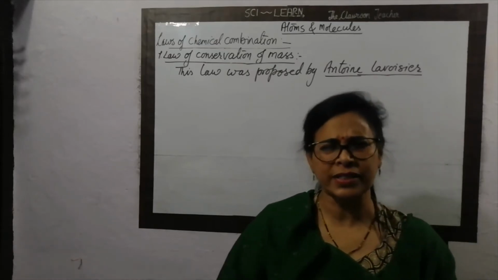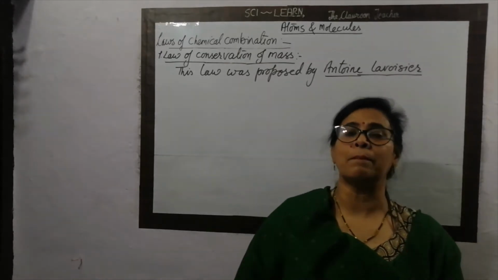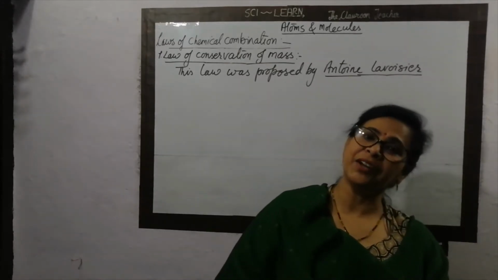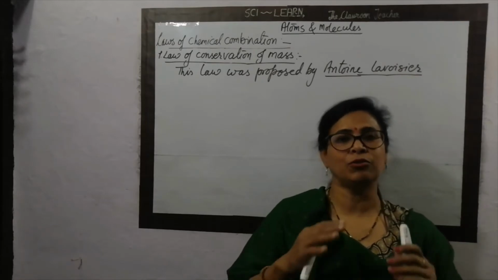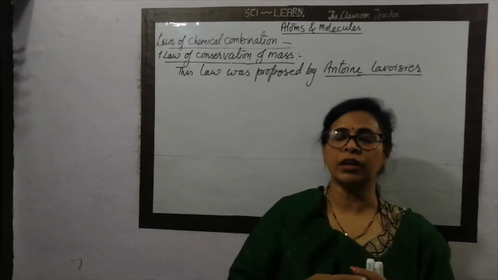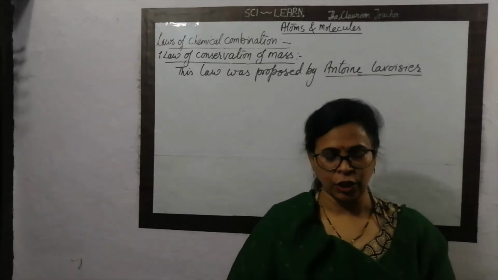And what are we going to save here? We are going to save the mass of the atom. Every atom has its own mass, and we have to save that mass. That is called the law of conservation of mass. So what does this law state?